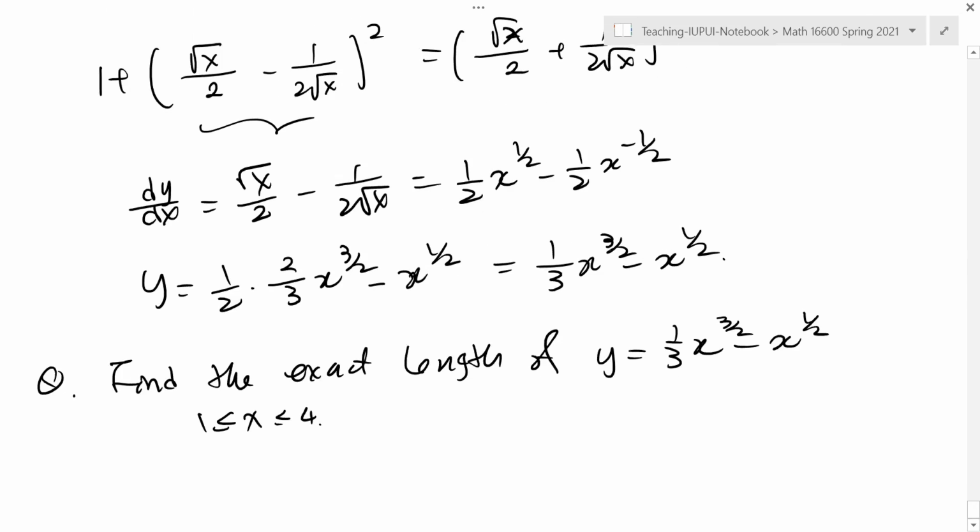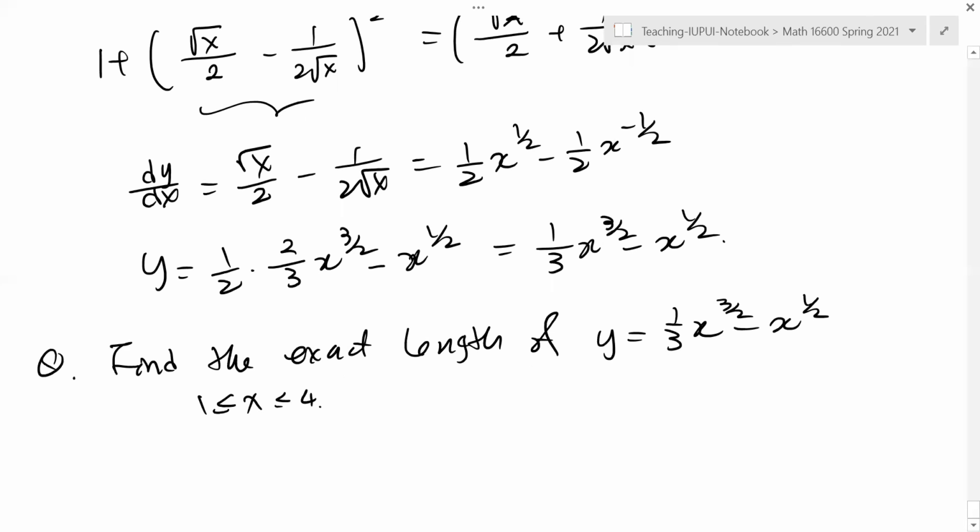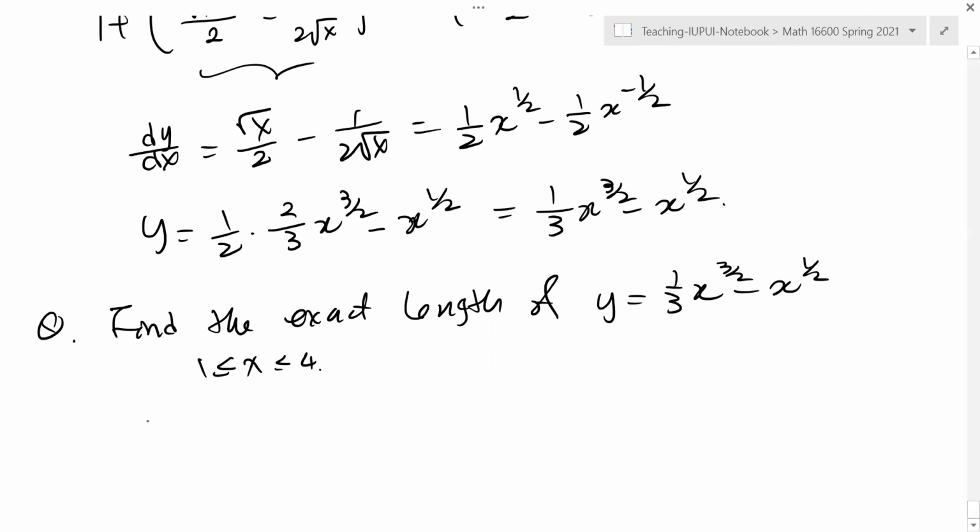Now, then you will wonder, how do you know this example? How do you create this example? I create an example like this. I can guarantee you to get rid of radicals. So I just show you how they make up those examples.